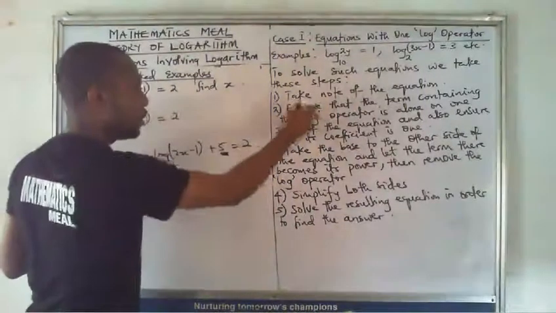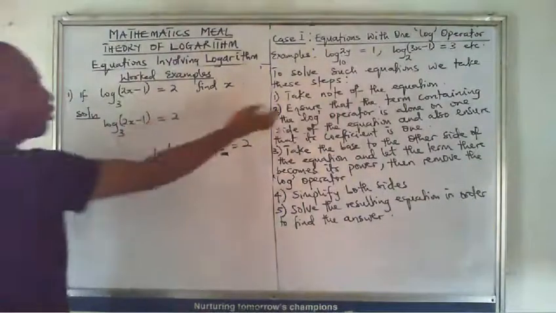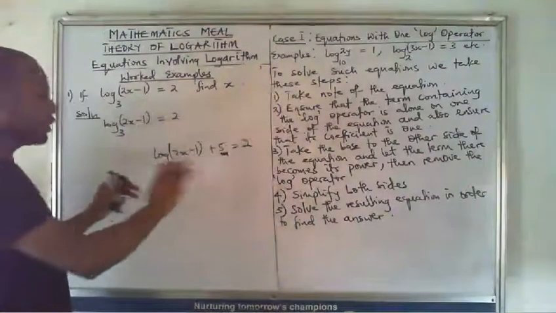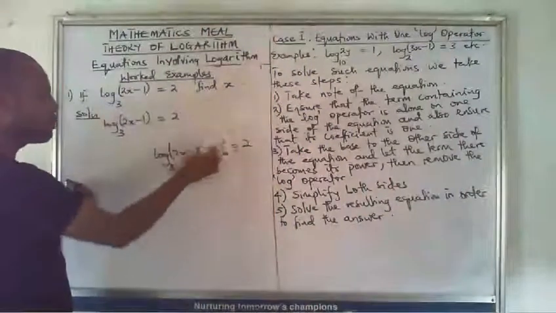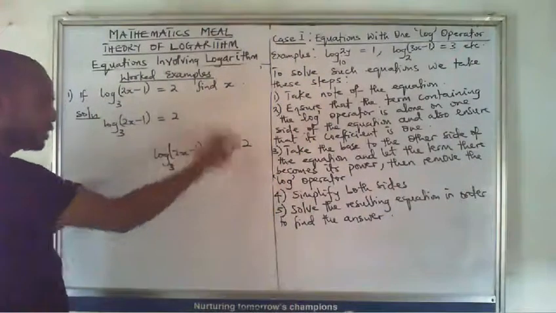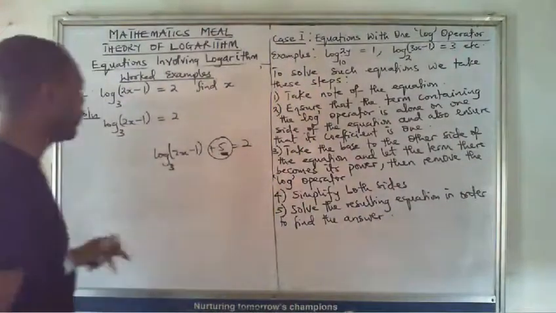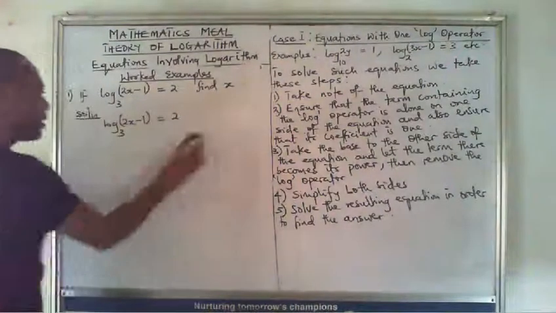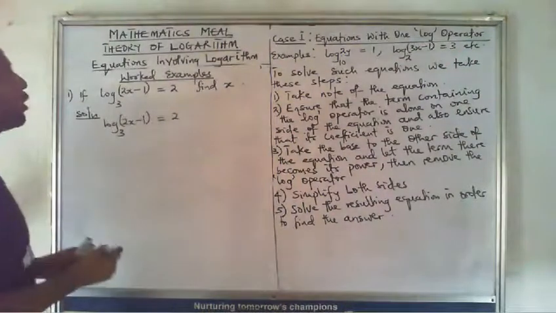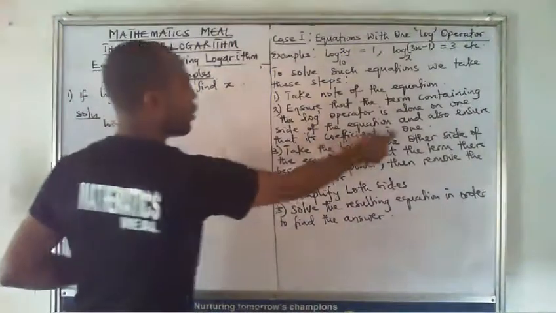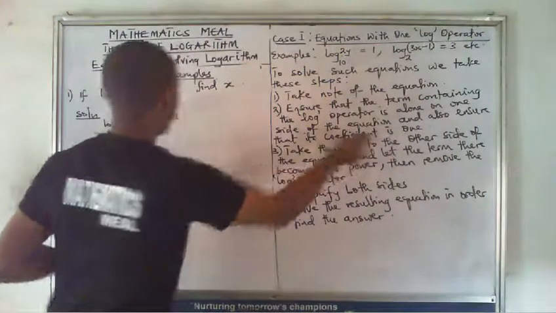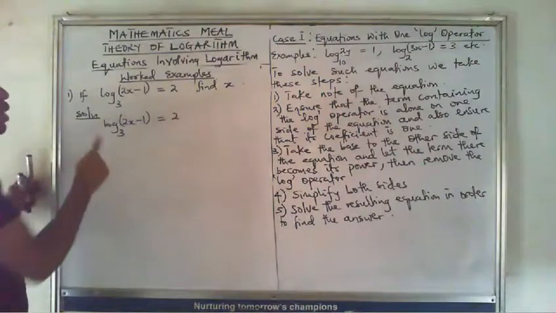So there is nothing to do following this second step now. But if it's like this, we must make sure that we take away this. We are still going to see questions in that form where we apply that second step. Okay. Then also ensure that the coefficient of the log operator is what? 1. Now the coefficient here is 1.